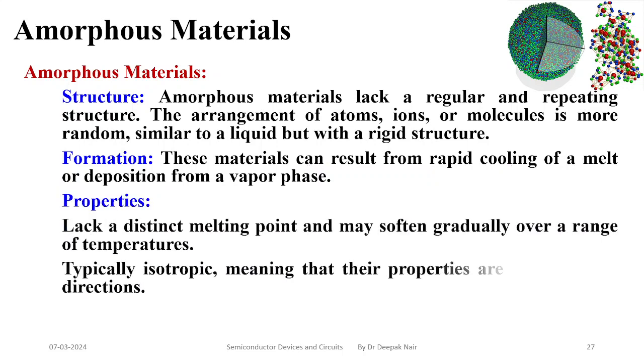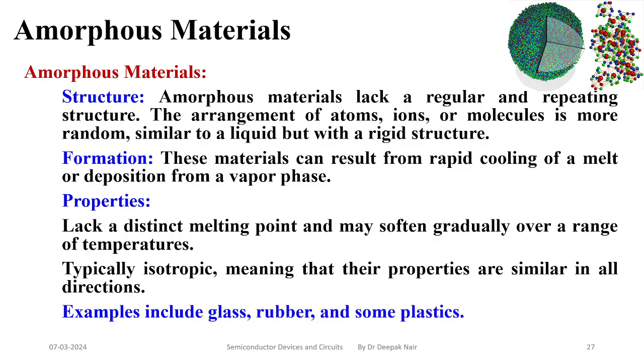Properties we have discussed in the previous slide. They lack a distinct melting point, and often they soften gradually over a range of temperatures. They include glass, rubber, and some plastics.